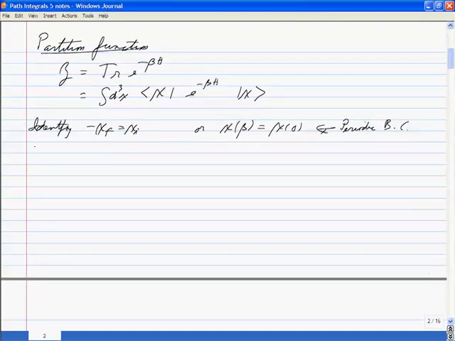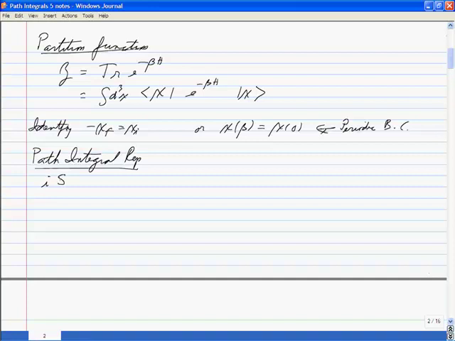Okay? And so if we go for a path integral representation, well, we have a path integral representation for what we have above. We just have to do the same trick. Okay? So what we previously had in the path integral was the action, and the action now turns into, well, it was the integral over time of the Lagrangian.